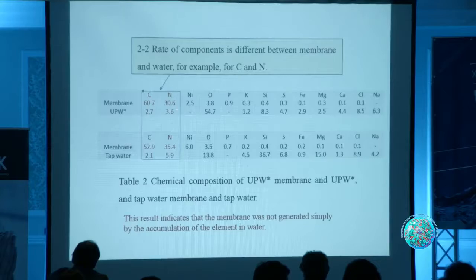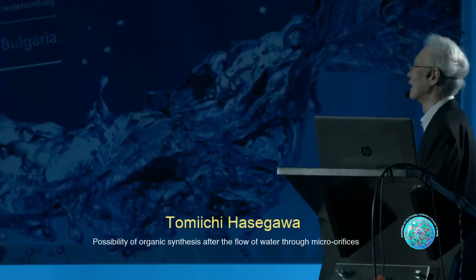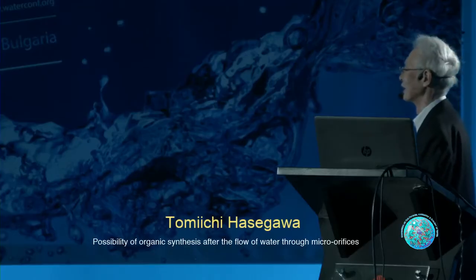As seen from this column, C is higher in the membrane than in UPW*, and a similar trend is seen for N. And for tap water, a similar phenomenon is seen.